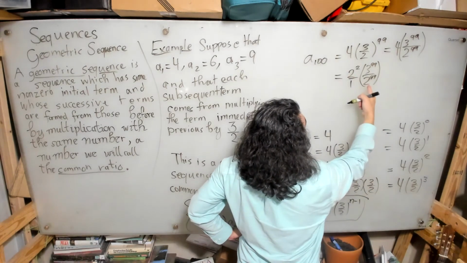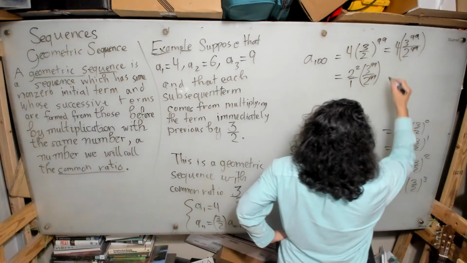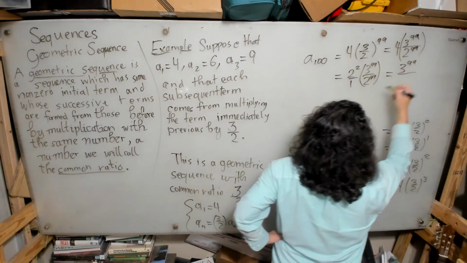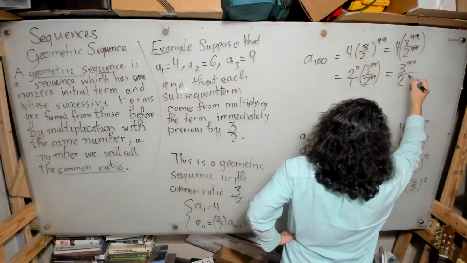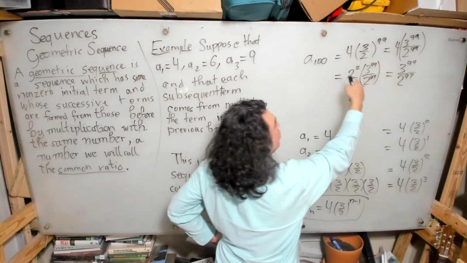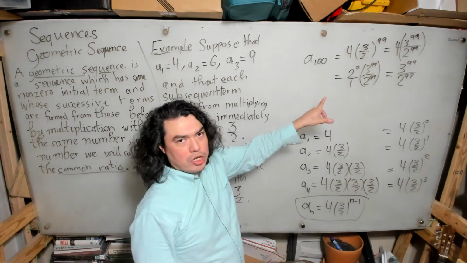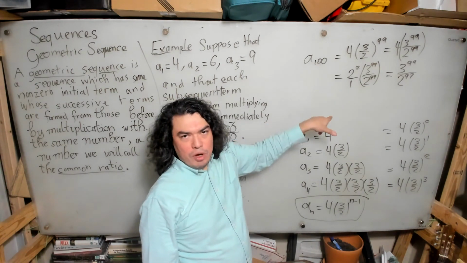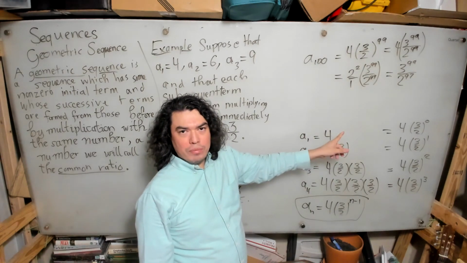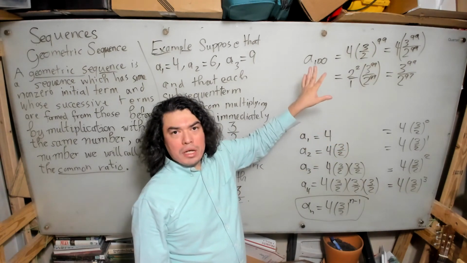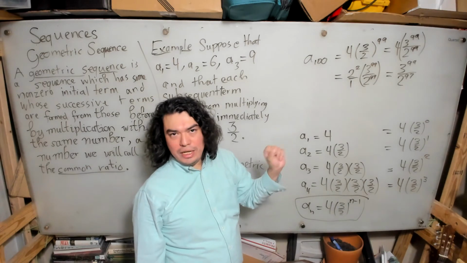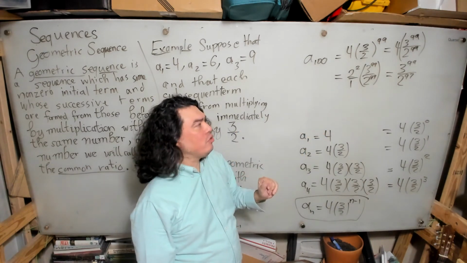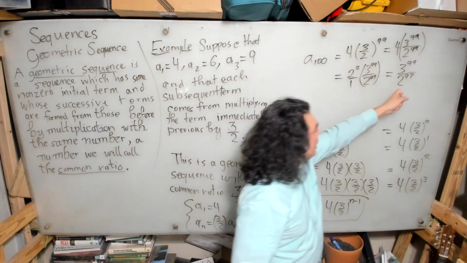And I can see, aha, that's going to be 3 to the 99th power on top divided by 2 to the 97th power. Because the 2 squared on top is like 2 times 2 on top, and the 2 to the 99 on the bottom is like 99 2's being multiplied on the bottom. The two 2's on top cancel with two of the 2's from the bottom, leaving us with 97 remaining 2's being multiplied on the bottom, which is exactly this.